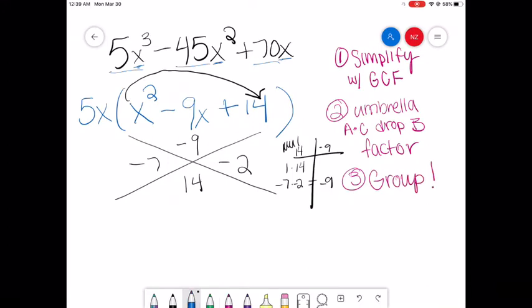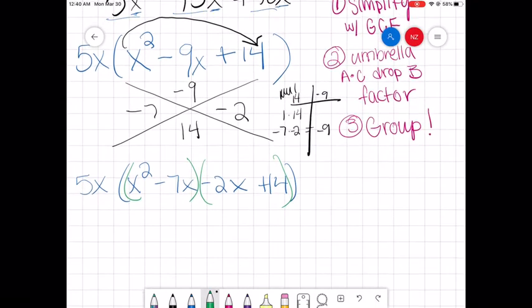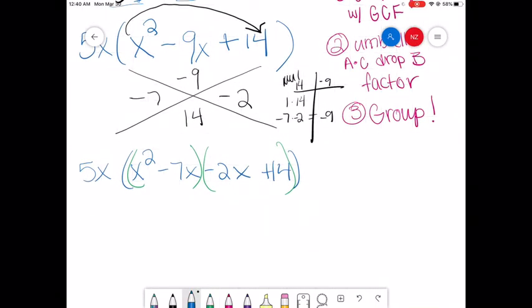When I group, I'm still going to bring that 5x down, but now inside I have x squared minus 7x minus 2x plus 14. And within these parentheses, I'm going to group the first two terms and the second two terms. After I do that, I still have my 5x here. I'm going to factor out an x, and then inside my parentheses, I have x minus 7.